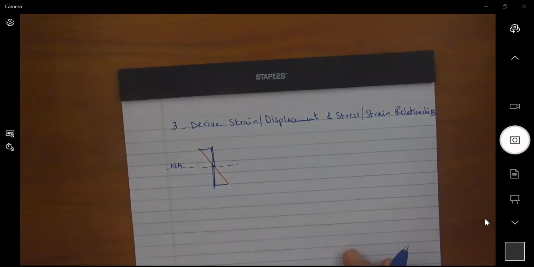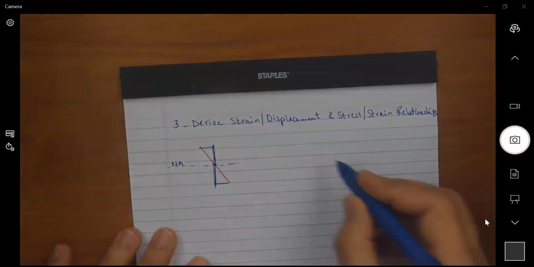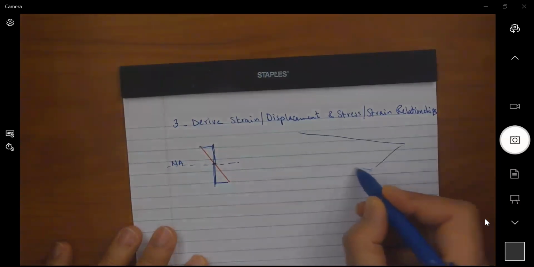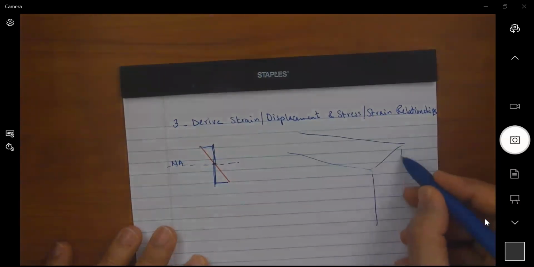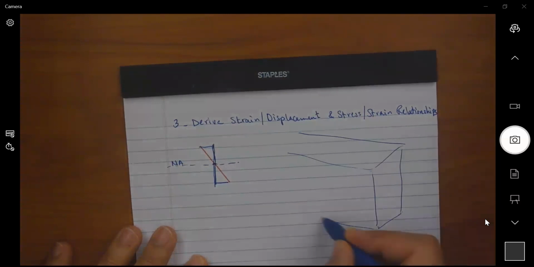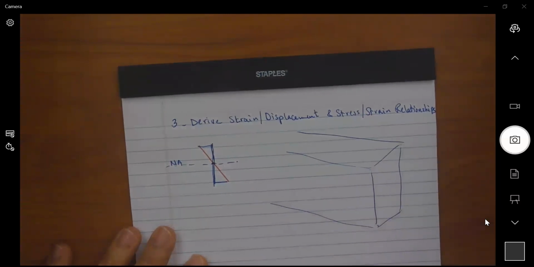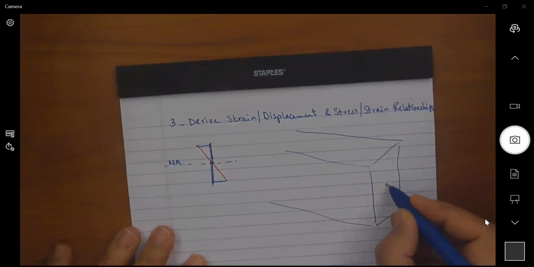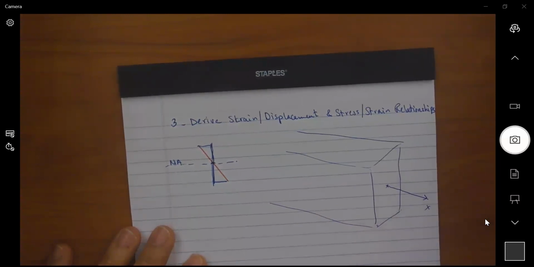Does that make sense? So, okay, let me try to sketch that. If I'm looking here at the beam, if this is a rectangular section, so this is my centroid, and this would be the axis of the beam along x. Right?